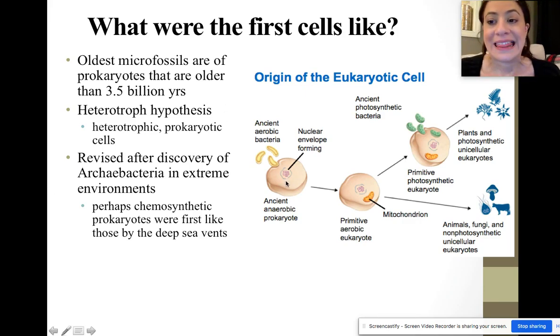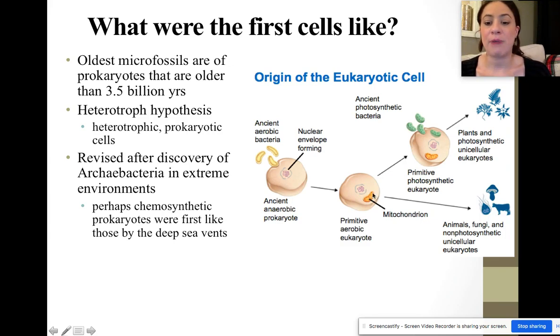Now, this cell would normally consume and break down other cells, except in this case, this would be a primitive eukaryotic cell because this cell will have incorporated what would be our future mitochondria.